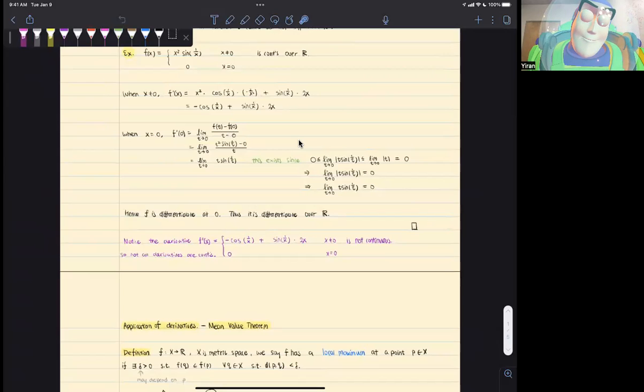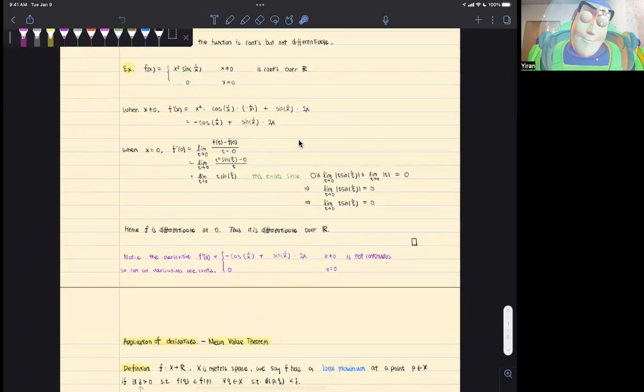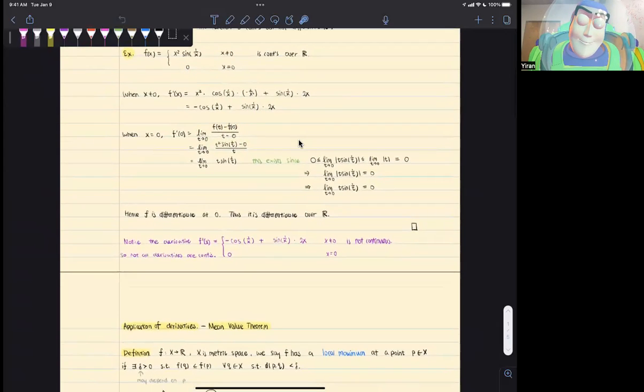If x is not equal to 0, we can use the product rule to compute its derivative directly. And when x is equal to 0, we have to use the derivative definition here, right? We plug in the definition for f, and notice that f(0) is equal to 0 by the definition of f. After some algebra, we get this expression.